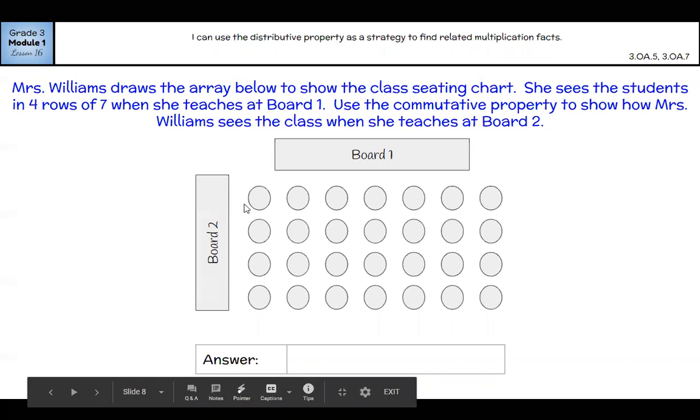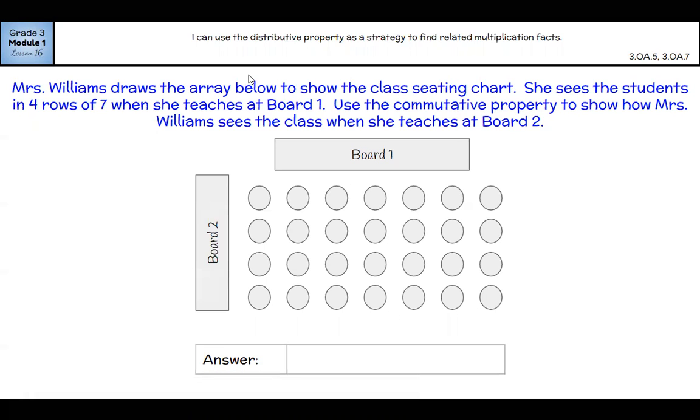So when she's facing here and she's looking this way, how does she see it? Well, she sees it as 1, 2, 3, 4, 5, 6, 7 rows of 4. So that would mean that she sees it as 7 times 4 instead of 4 times 7.